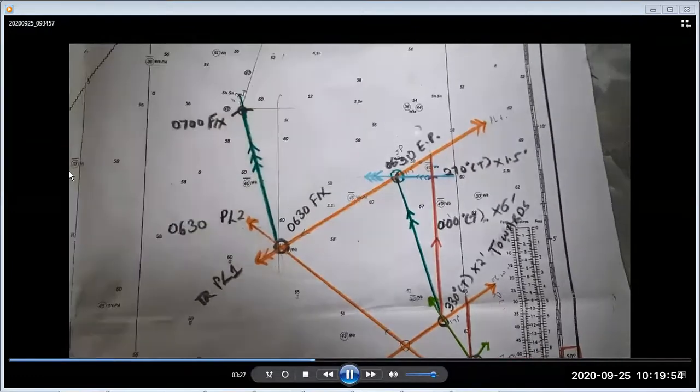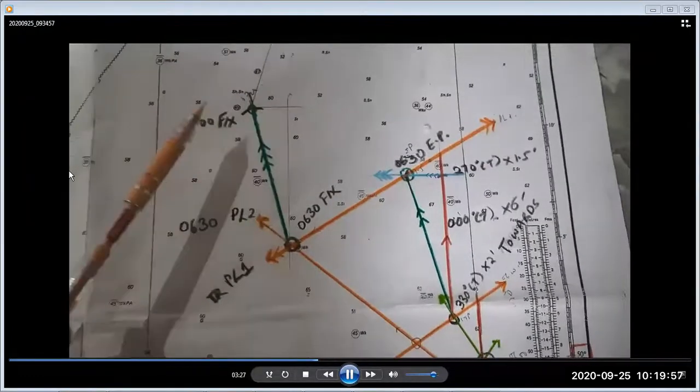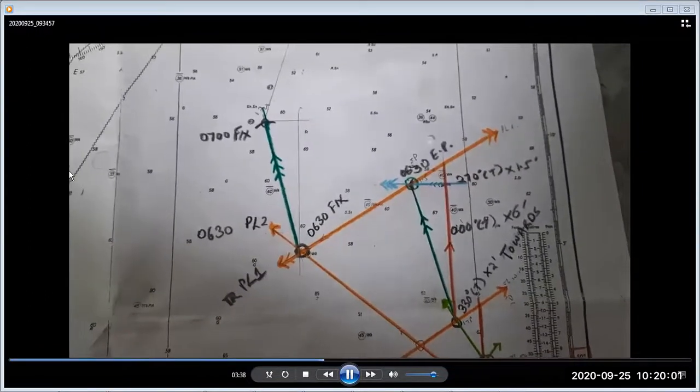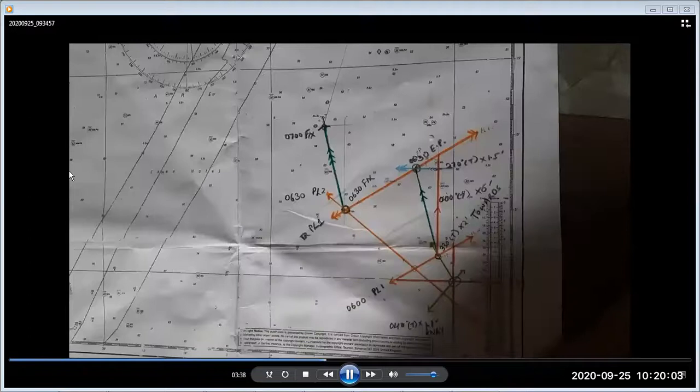So some people plot this triangle also, but you can just transfer the course made good, because that is the line on which our ship is running. Now from here we move to the next part of the question, where we have this Needles lighthouse, you can see.